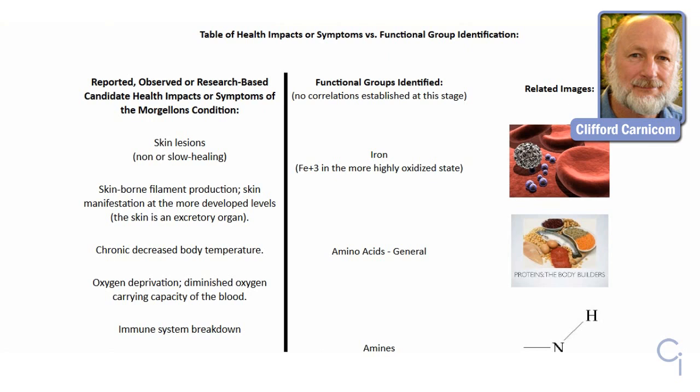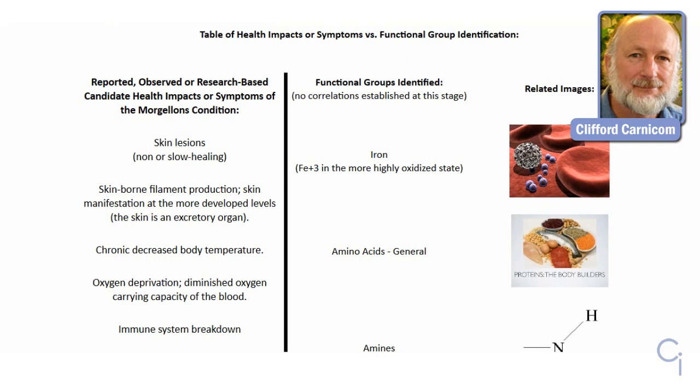It encompasses the health impacts or symptoms directly observed through research that are impacting the health of the individual and are claimed by those affected individuals to be characteristic or representative as a symptom of this particular condition, the Morgellons condition.